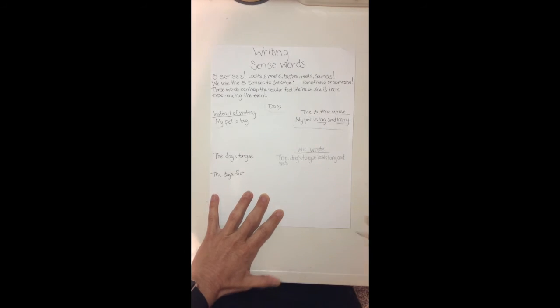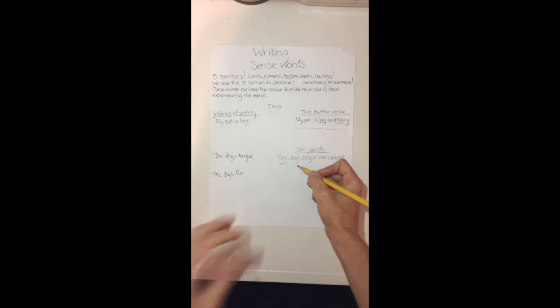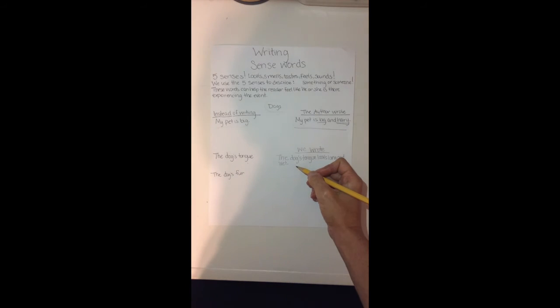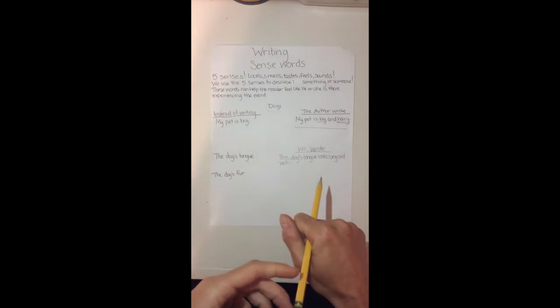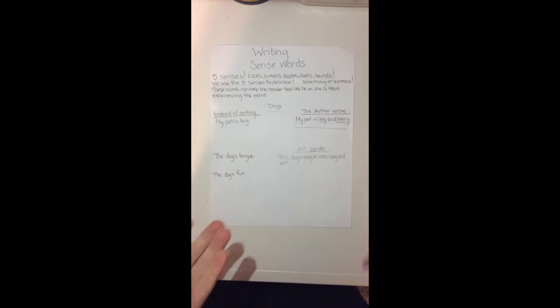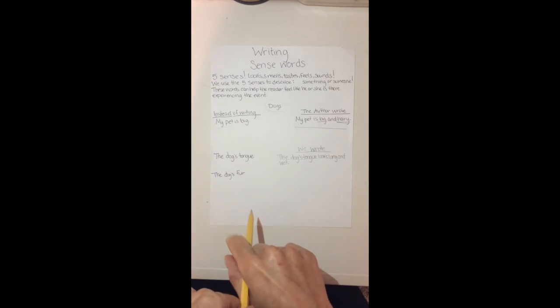Period. You could also say that the dog's tongue looks long and pink. Remember, you are describing what the dog's tongue looks like. So sometimes there are a couple different options. Let's do another one.